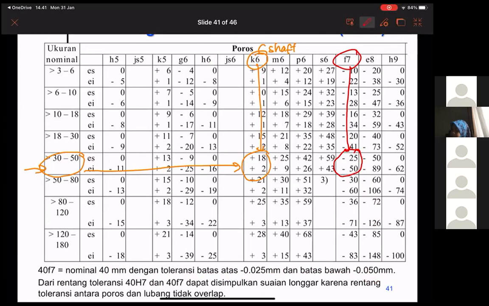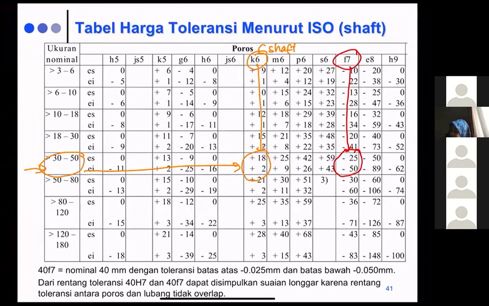So if the hole is 40 H7 and the shaft is 40 F7, we can conclude it is a clearance fit, very loose.